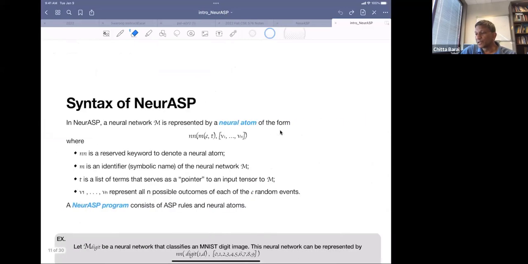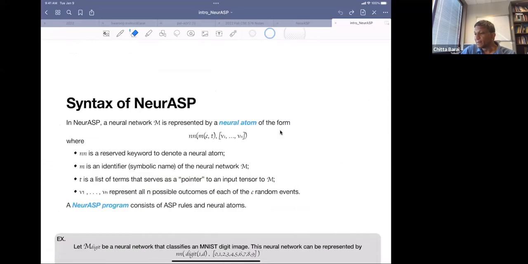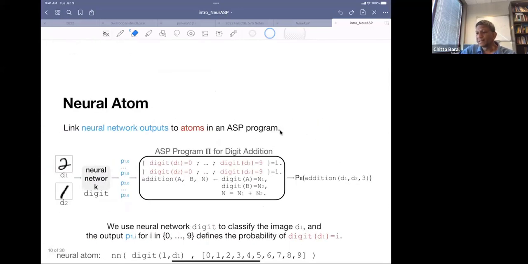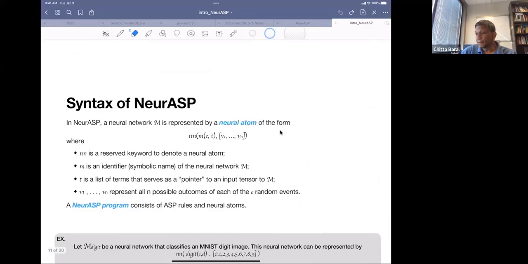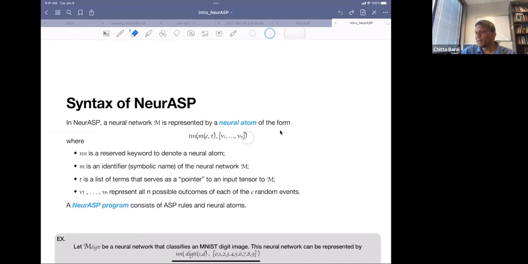There's a neural network, M is an identifier, here M was digit, and then E and T. E is this one. I said there's only one here, but there could be more in another example. Then D1 is the T, and then you can take values between V1 to Vn. Here it's 0 to 9. So this is a neural atom.